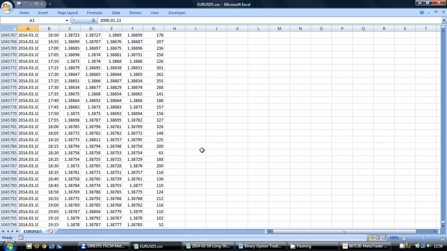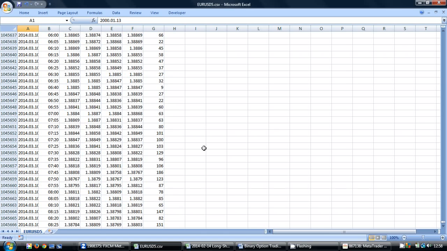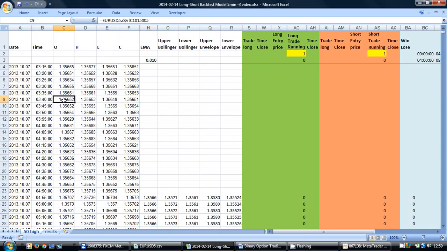It is data that has been exported from MetaTrader 4, and once it's exported we can open it up in Excel and manipulate it and test it as much as we like. So I've entered it in these cells in the form of the date, time and the open, high, low, close prices.